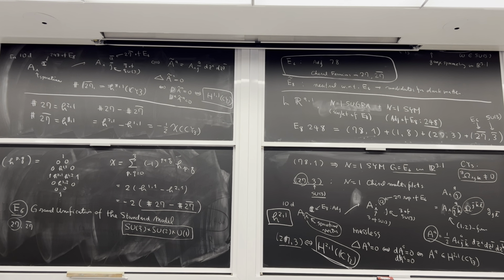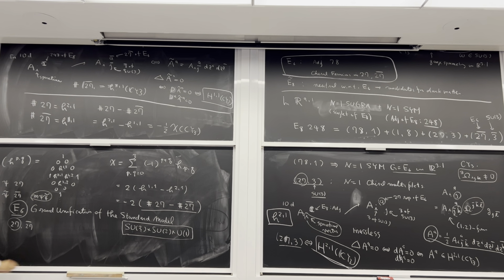Now, if you have a generation of particles transforming in 27 and 27 bar, then generically you would expect that they give rise to a mass term. Namely, if you have a fermion in 27 and another fermion in 27 bar, you can write down a mass term which is a singlet under E6.